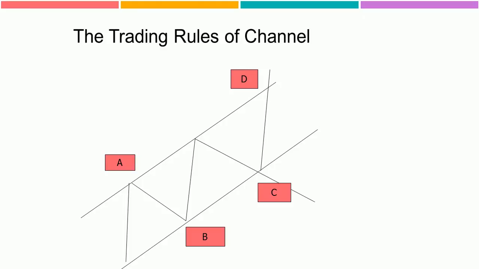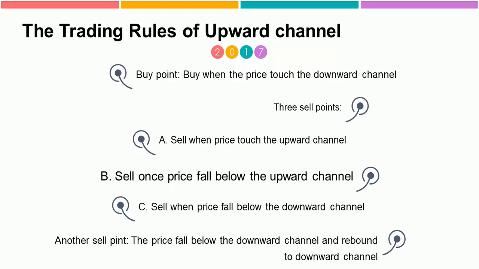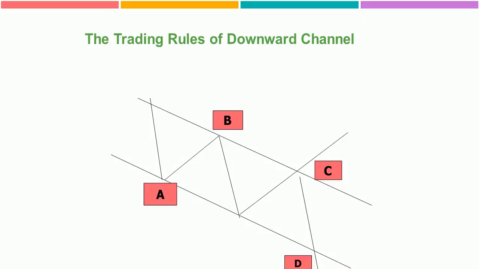So if you see the trend is in an uptrend, you can draw the upward trend line. So only one buy point and 4 sell points. Okay. For the downtrend line, A is the buy point, B is the sell point, C is the buy point, D is the buy point.